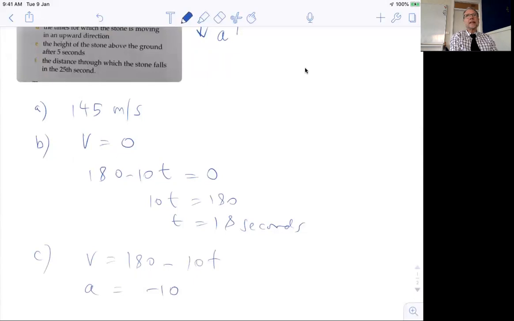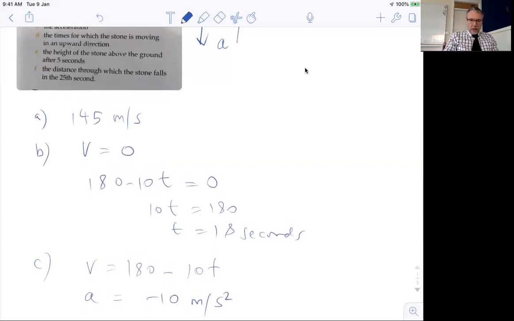Notice that the t disappeared, and that's important to realize. Throughout the whole stone going up and down, the acceleration is -10. So it's continually decelerating. It'll reach the top, stop, and then fall back down to the earth with an acceleration of -10, and the unit is meters per second squared, or meters per second per second.